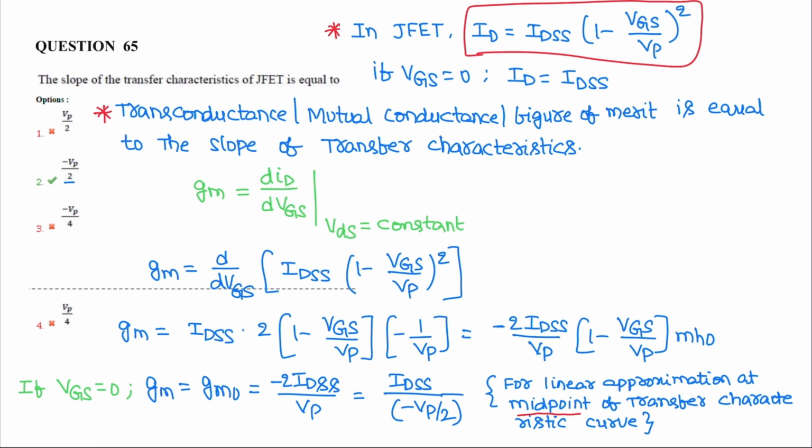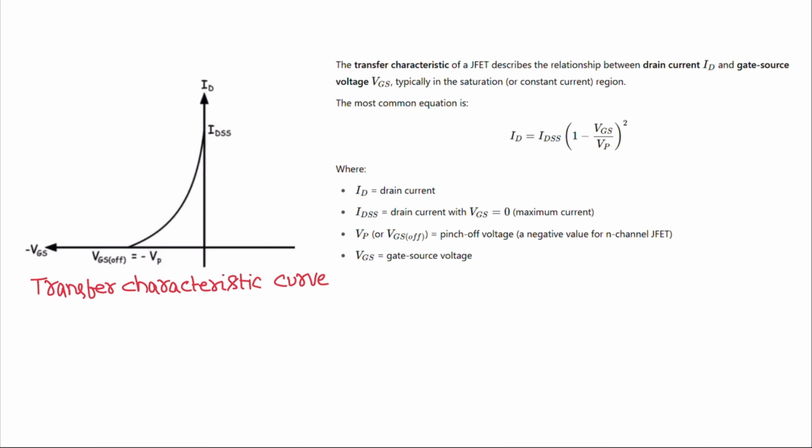So let us see the transfer characteristics curve. In this curve, it is drawn between VGS on x-axis and drain current on y-axis, keeping VDS as constant. At VGS is equal to 0, drain current ID is IDSS.